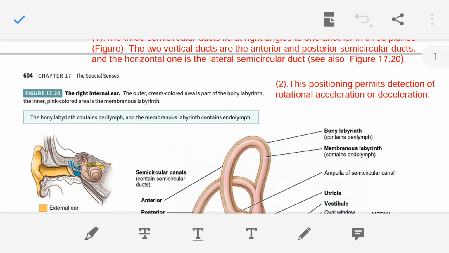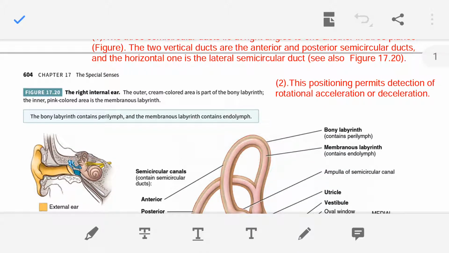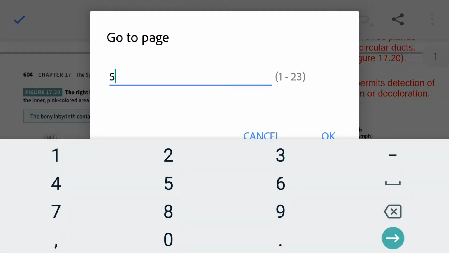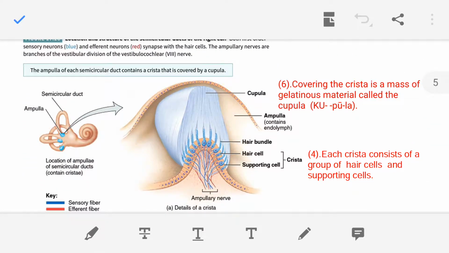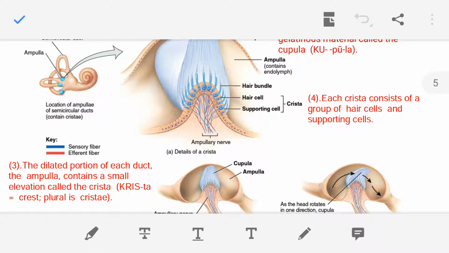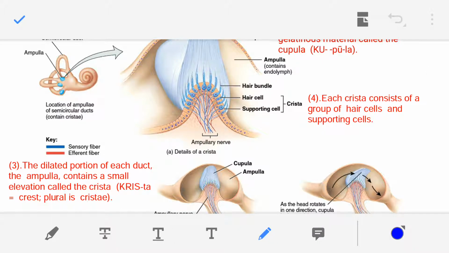Now we are moving forward, and we are discussing the third point. As we have discussed, there are three semicircular ducts, and in each duct one dilated portion is present, and this dilated portion is known as the ampulla.